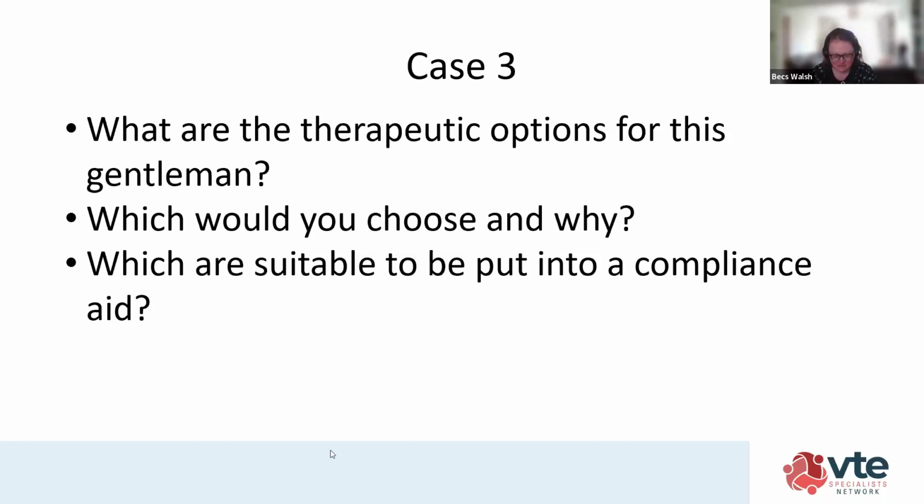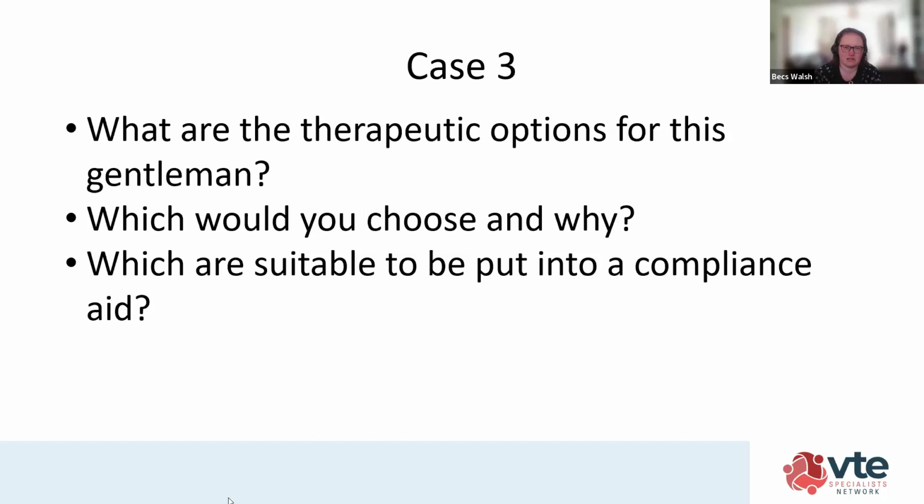Yes, you're right to consider systemic anti-cancer therapy. The other consideration when it comes to managing patients with cancer-associated thrombosis is the site of their cancer. Now, there is a talk tomorrow which includes cancer-associated thrombosis.